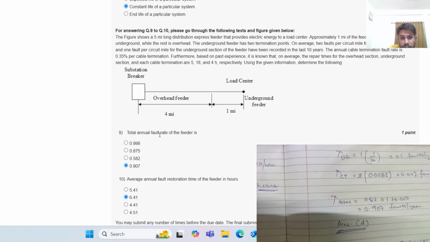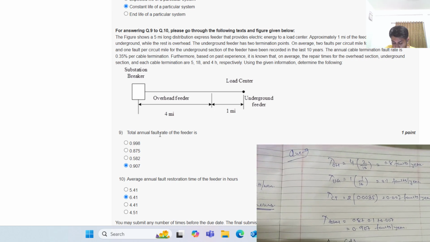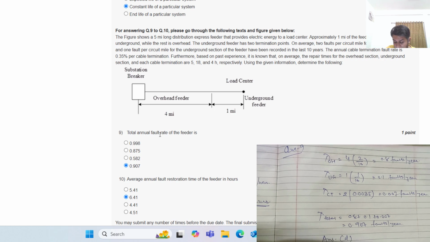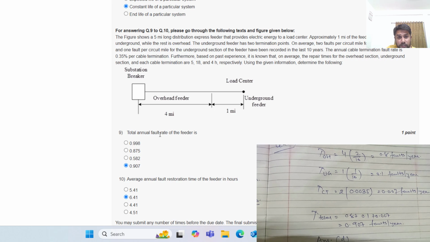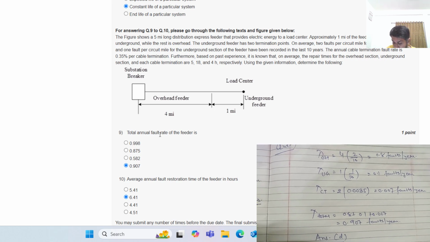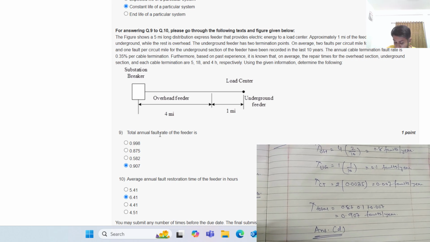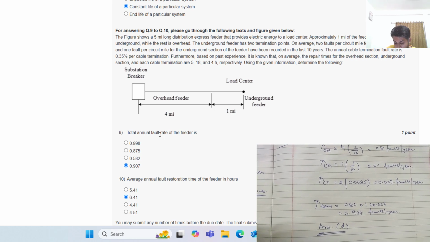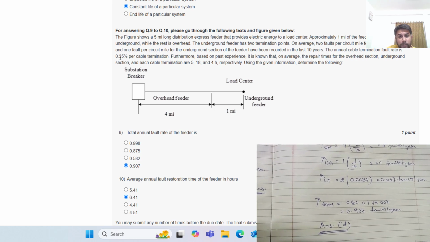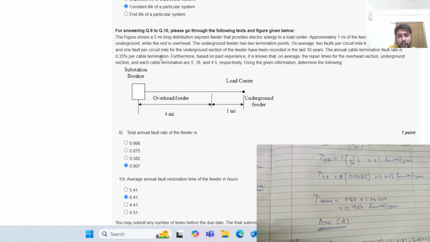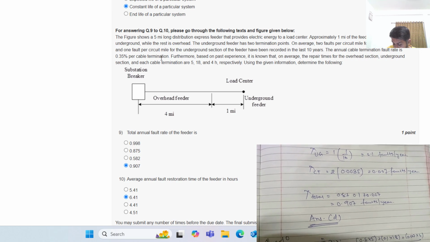Now we have to find out the total annual fault rate. So for OH, 4 miles is the length of the overhead line, 2 faults per 10 years, so it is 0.8 faults per year. For UG it is 1 by 10 into 1 mile length, so 0.1 fault per year, and for cable termination it is 0.35%, so 0.0035, and there are 2 terminations, so multiply by 2, it will give you 0.007 faults per year.